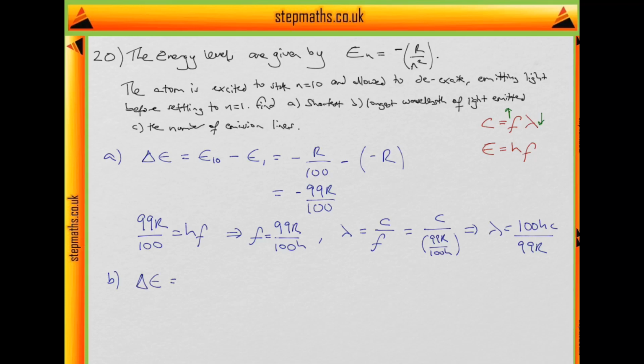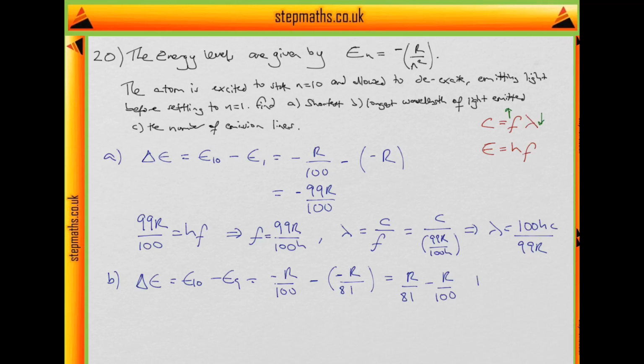The change in energy will be E10 minus E9, which is minus R over 100 minus minus R over 9 squared, 81. This is equal to R over 81 minus R over 100. We put the denominator as 8,100, multiplying top and bottom here by 100 and top and bottom there by 81.